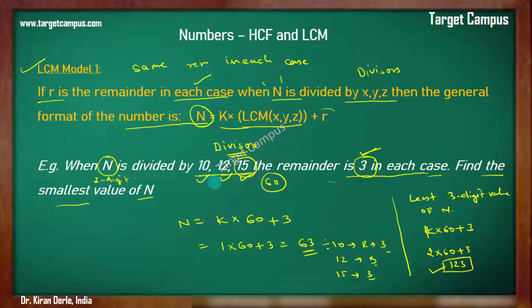When divided by 10, remainder is 3. When divided by 12, remainder is 3. When divided by 15, remainder is 3 in each case. I hope you have got this model and this is clear.